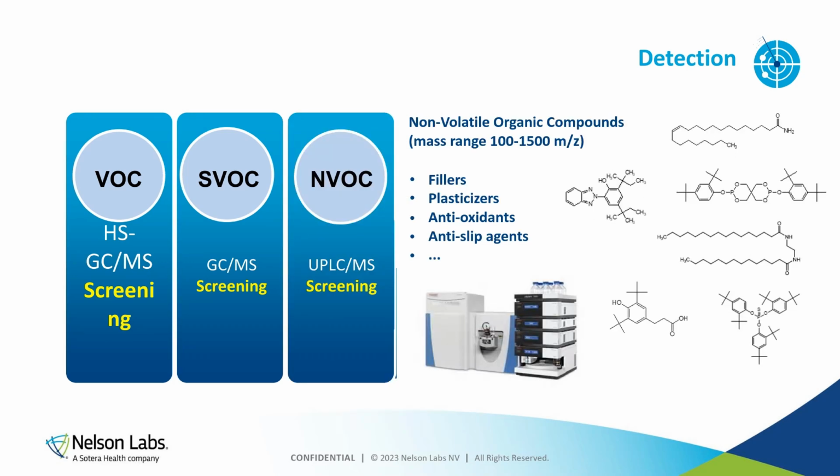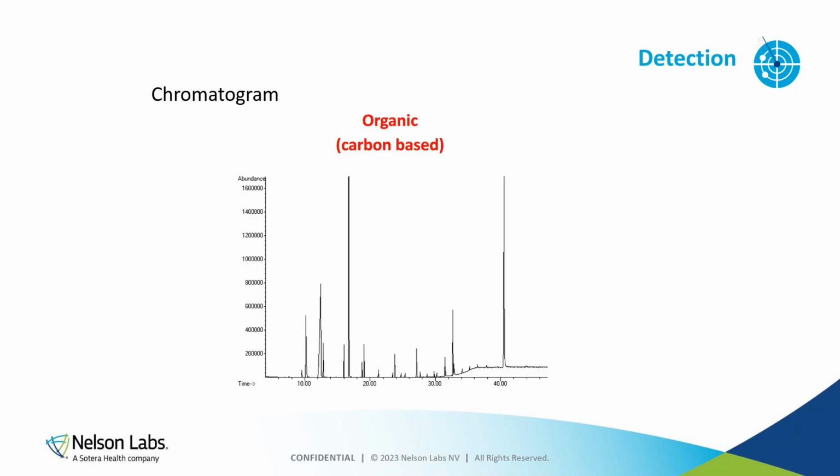And then last, the large molecules, the non-volatiles, are analyzed with liquid chromatography with mass spectrometry detection. So here your target compounds are fillers, plasticizers, antioxidants, anti-slip agents, etc. So, by using these chromatographic techniques, you will end up with a chromatogram with peaks like this.